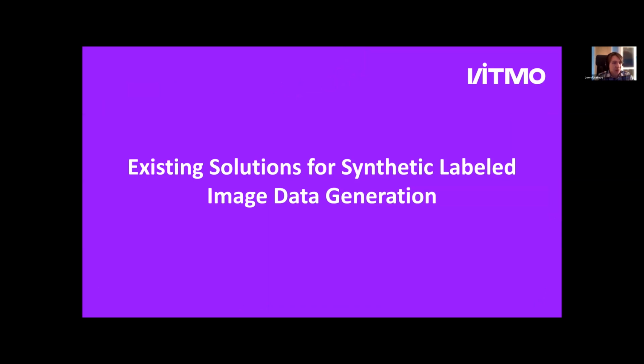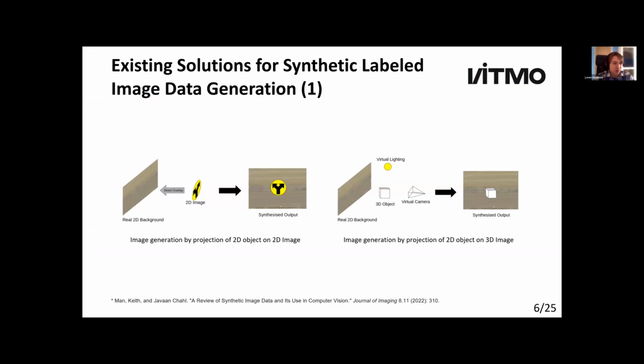At first, let's begin with existing solutions for synthetic labeled image data generation. The easiest thing we can do is just to project a 2D image of the target object on a 2D background. In this case, we can easily make labels for this image because we know the position of the target object.